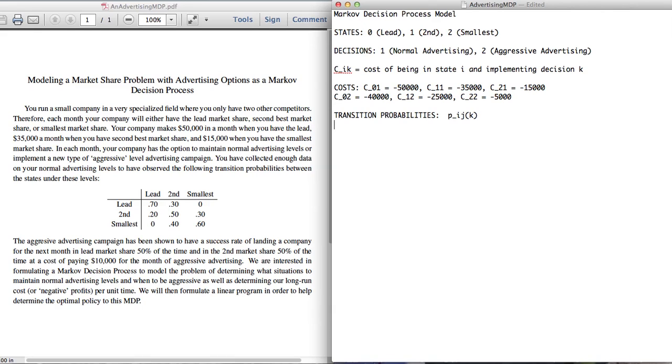If we look at the table on the left here, it gives us all of the transition probabilities for decision 1. So for example, P i,j of 1, we can look at entry i,j in the normal advertising table.